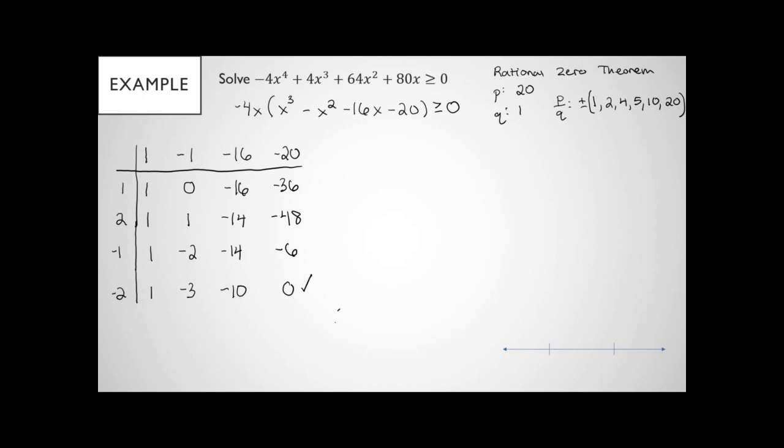So when I rewrite this, we have negative 4x in front, x plus 2 as one of the factors, because the factor is written with the opposite sign of the 0. And then I have x squared minus 3x minus 10 greater than or equal to 0.